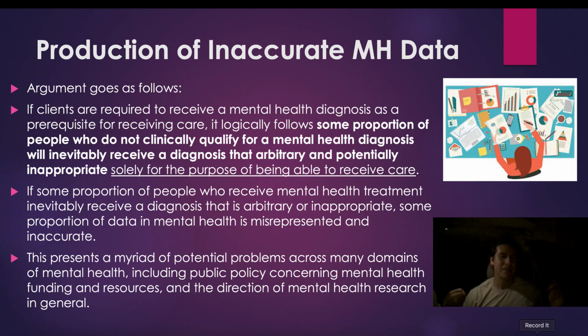So I'll just read it here. If some proportion of people who receive mental health treatment are inevitably receiving a diagnosis that is arbitrary or inappropriate for the sake of receiving continued care, some proportion of the data in mental health research is therefore necessarily misrepresented and inaccurate, because it's based on data gathered on how many diagnoses have been given for a particular disorder or designation within the DSM-5, and because of this, some of that data is going to be messed up, and it's not going to accurately reflect the reality of what people are experiencing and what people are having problems with.